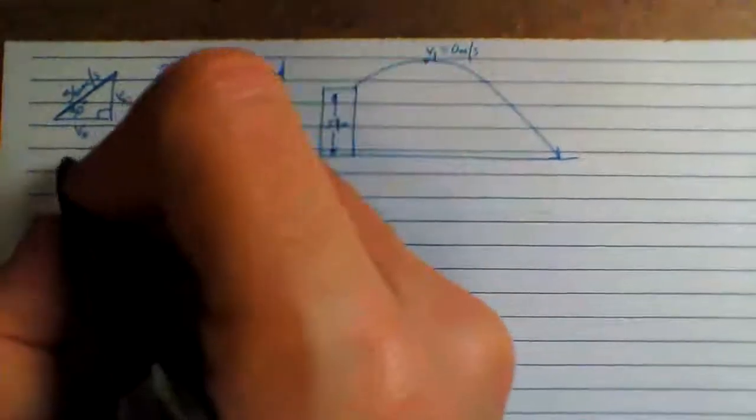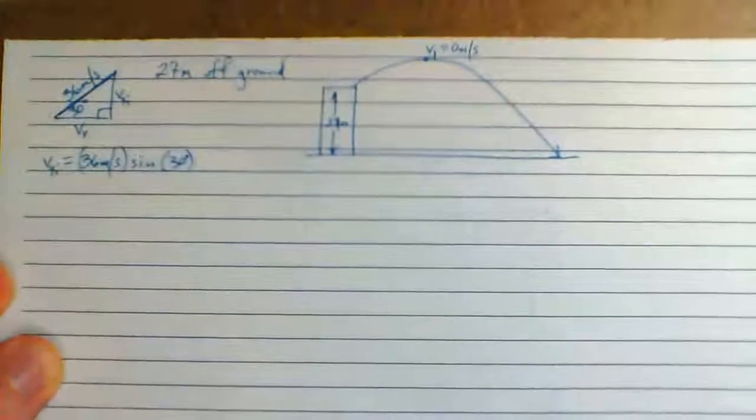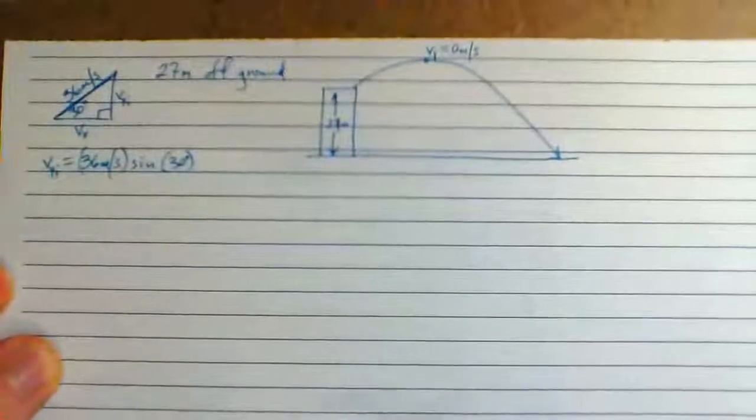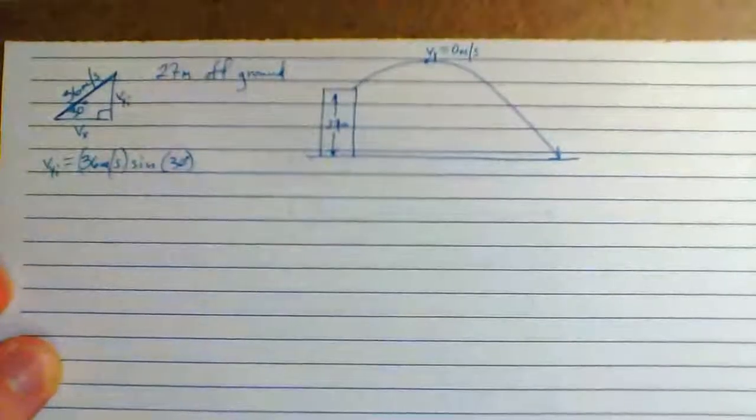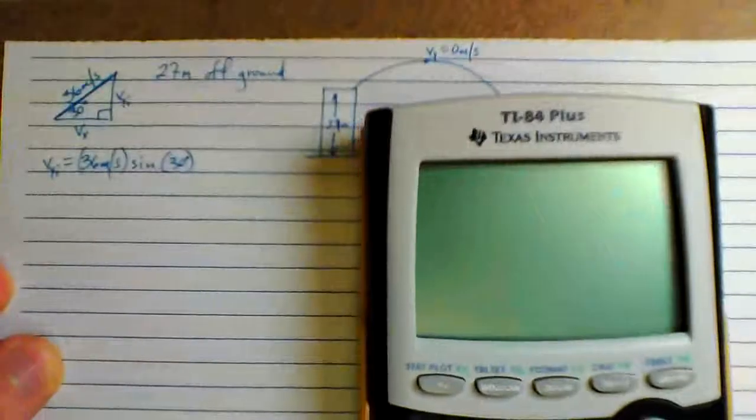Alright, so in the y direction, if you watch the other videos, I'm just going to say Vyi equals 36 meters per second times the sine of 30 degrees. I'm not going to work it out further and explain why we do that, because if you got this far on the homework, you should know that.